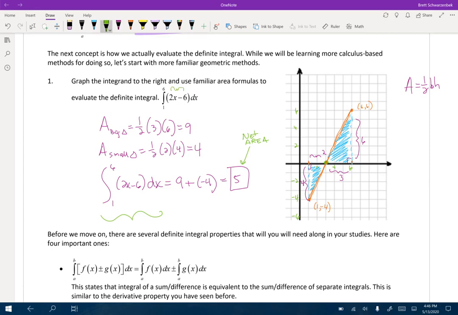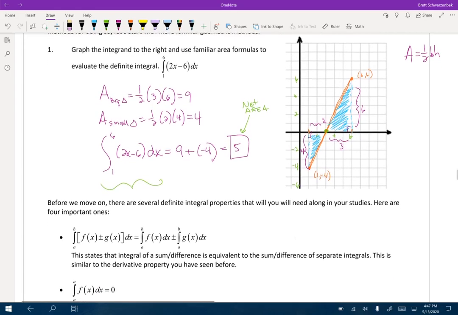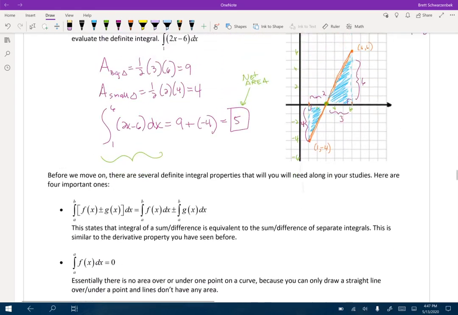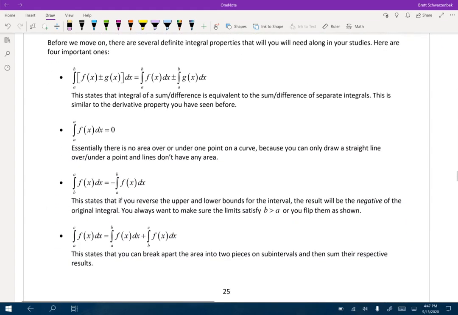If I had given you the same function, but it was a curve, what shape are we going to use? We're not. We don't have a lot of circular shapes that we can use that will bump up against something. Doesn't work that way. So we can do this for now because we have a line, but that is going to be the area for that particular integral, and that's what that means.